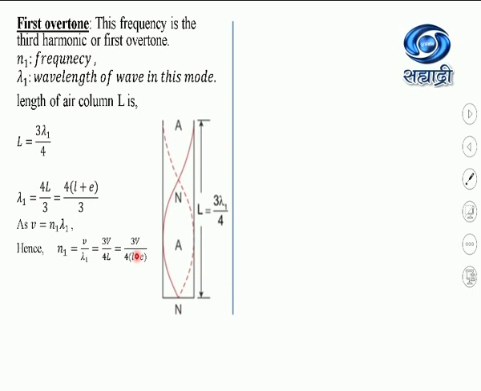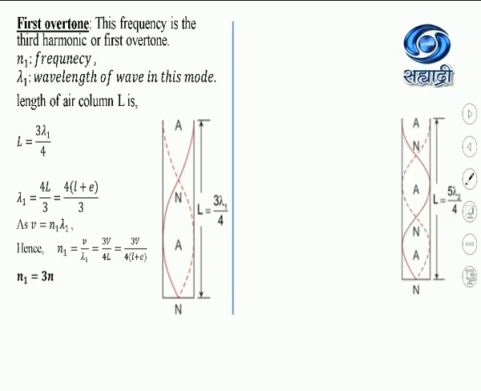This is the frequency in this mode of vibration. Comparing this frequency with the fundamental frequency, we get 3N. So N1 is equal to 3N, that is the third harmonic or first overtone. This is the first higher frequency after the fundamental.